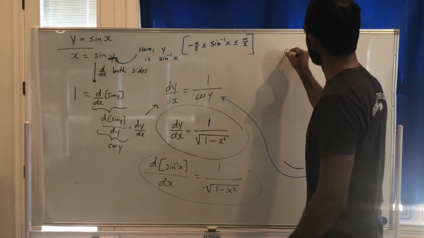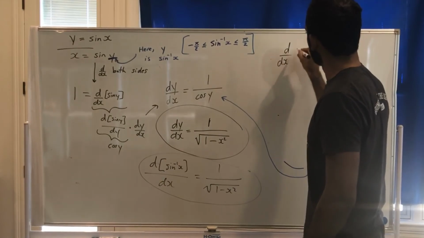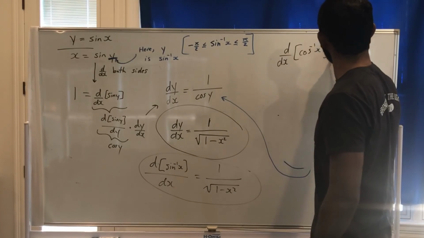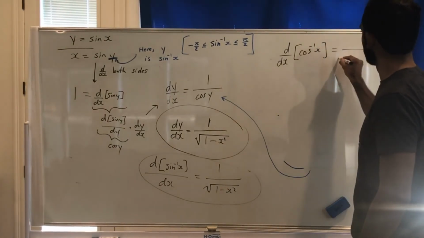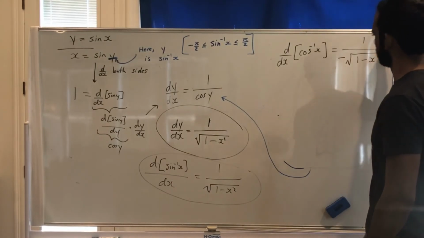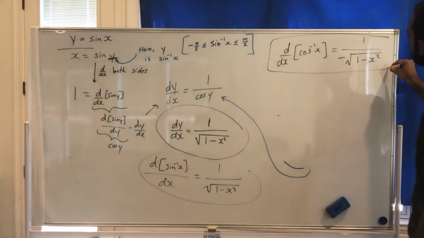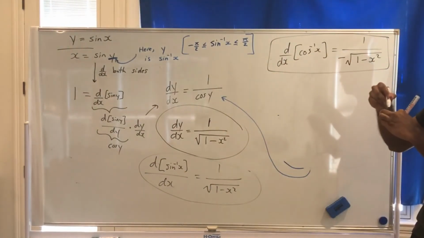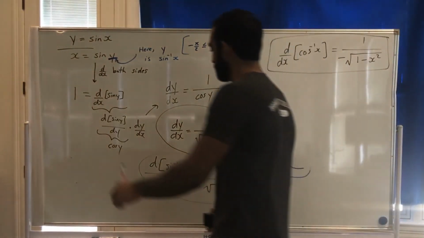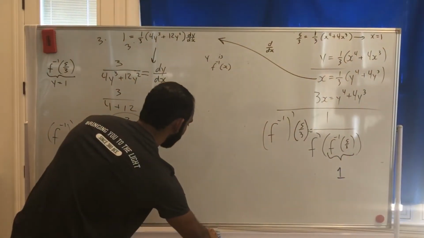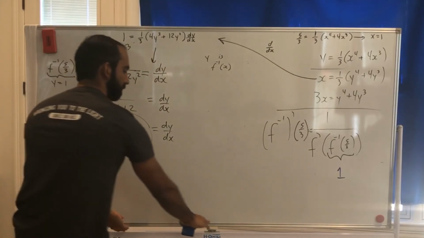As it turns out, the derivative of inverse cosine is the same thing, but with a negative sign in the denominator. So here's the formula for inverse sine, and here's the derivative formula for inverse cosine. Now I want you guys to take a minute to try proving the derivative formula for inverse tangent.